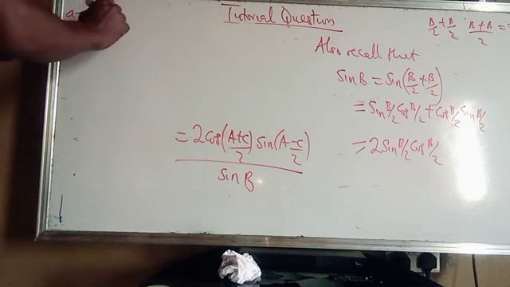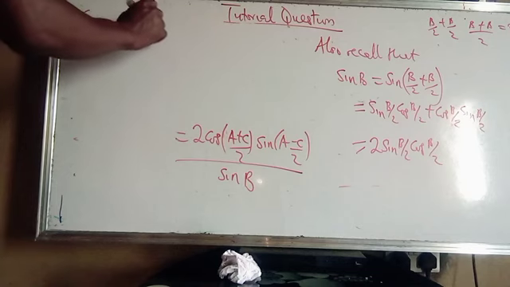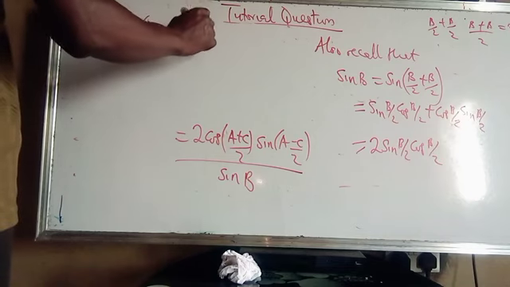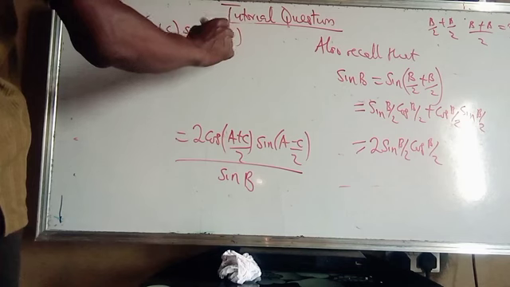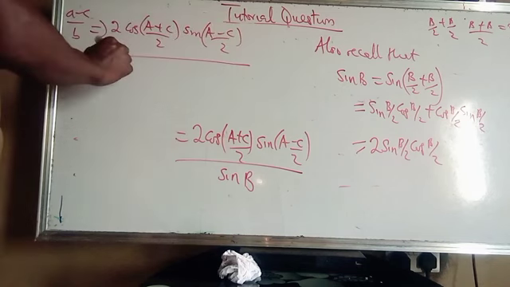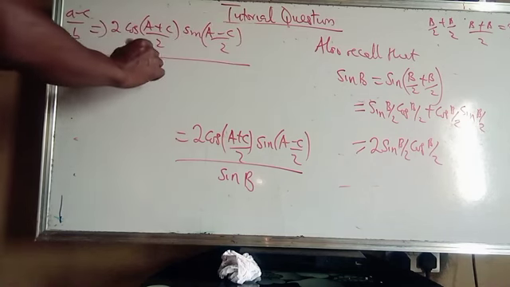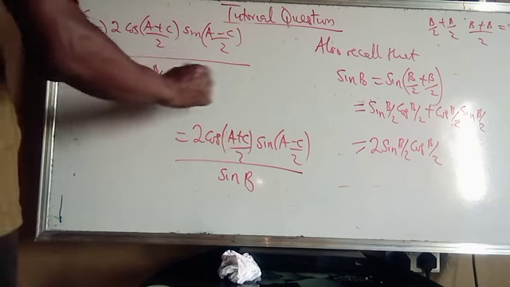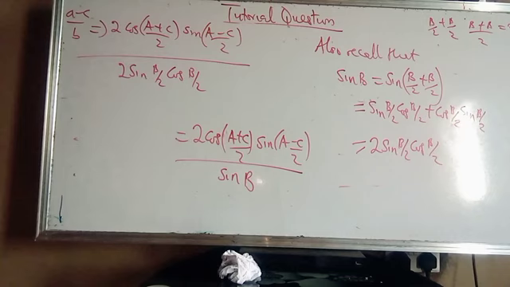2 cos (A plus C) all over 2 sine (A minus C) all over 2, all over 2 sine B all over 2 cos B all over 2. I hope you are getting that.